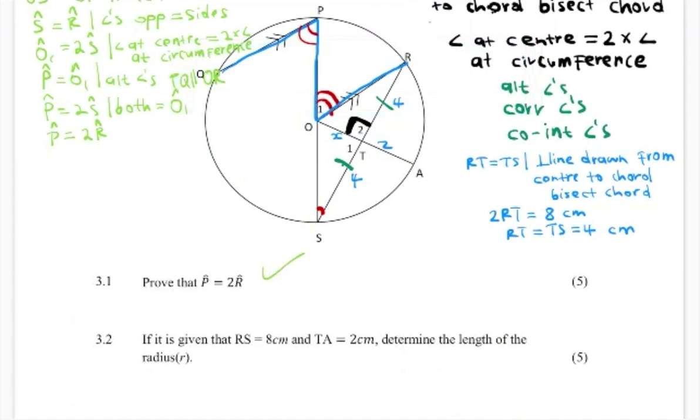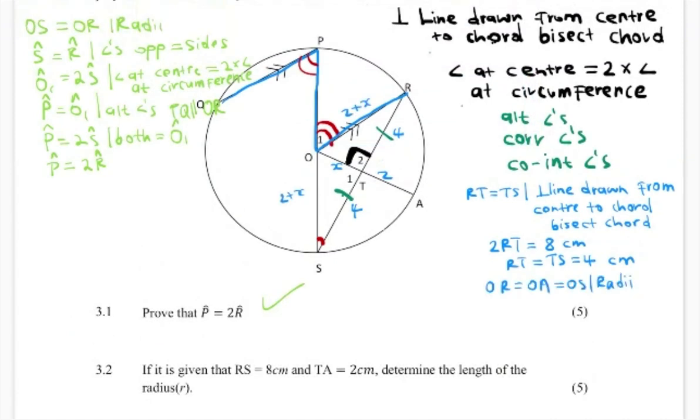Because OA, OR, and OS are all radiuses, you can say OR will be 2 plus X, because OA is 2 plus X. As you can see, we have said that OT is equal to X. So we can say all the radiuses are actually 2 plus X.